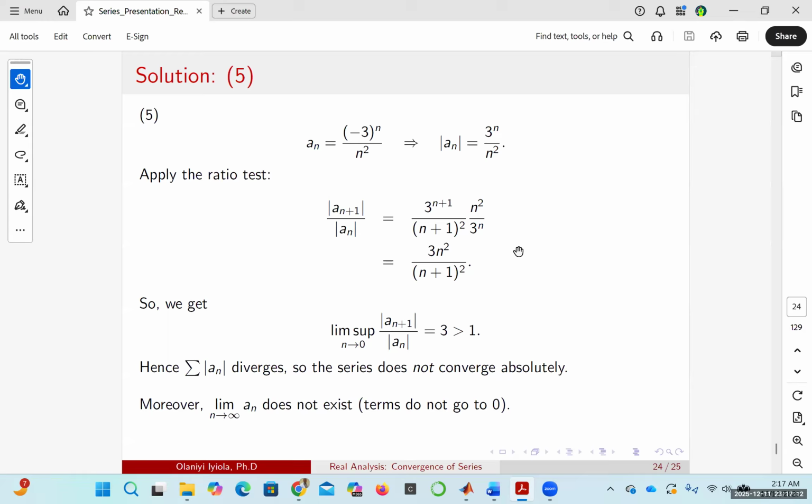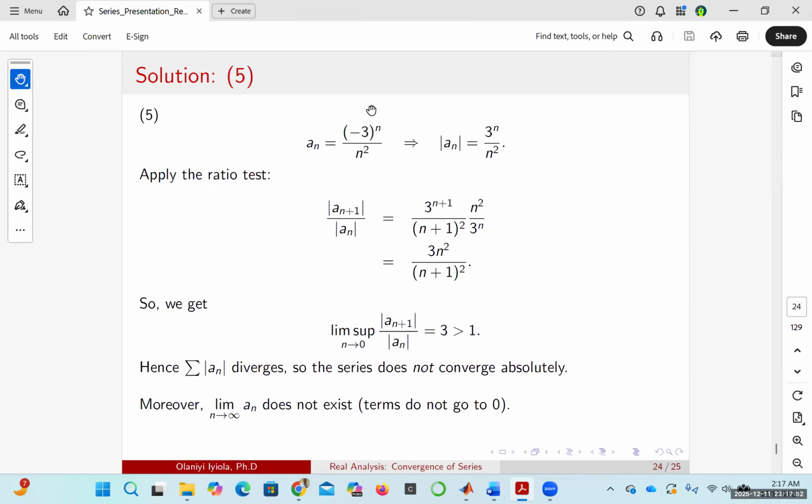Furthermore, we have seen that a series may not converge absolutely but still converge. But in this case, the limit of this a_n does not exist, so it does not go to zero. We have shown that if the series of a_n converges, then a_n has to go to zero. That's the condition that we have discussed before. But here, if the series of this a_n converges, then the limit as n goes to infinity of a_n has to be zero.